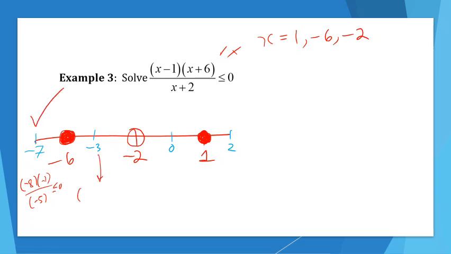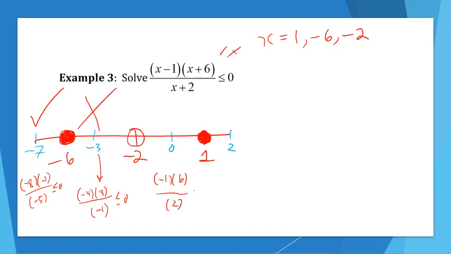Here, you should get -4 times 3 over -1. This is a negative over a negative, which is a positive number, which does not make this negative, so that should be an X. Plugging in 0, -1 times 6 over 2, and that's why I like nice values like 0.